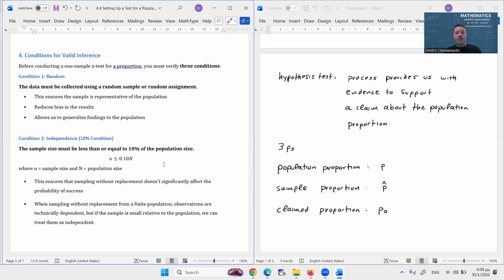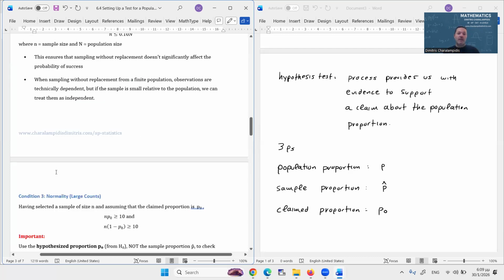Remember, when sampling without replacement from a finite population, observations are technically dependent, but if the sample is small relative to the population, which is what we want to achieve here, we can treat them as independent. Forgetting the last sentences, keep in mind that the sample we use must have a size less than or equal to 10% of the original population.